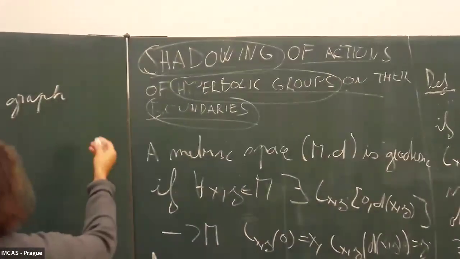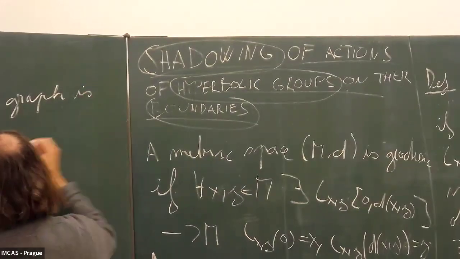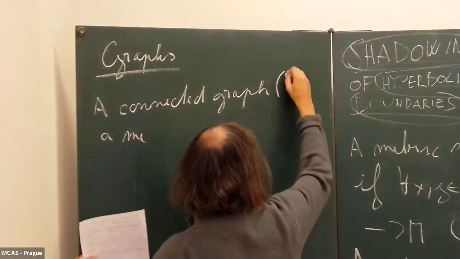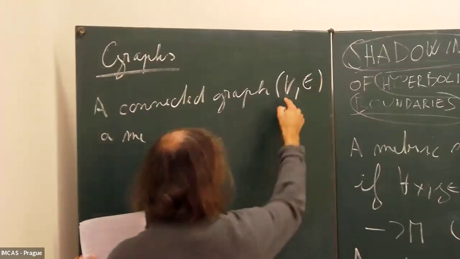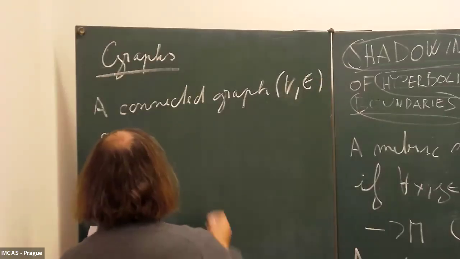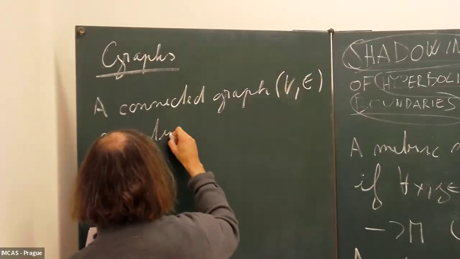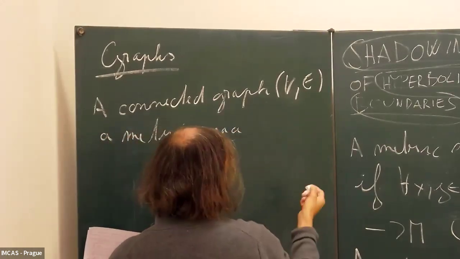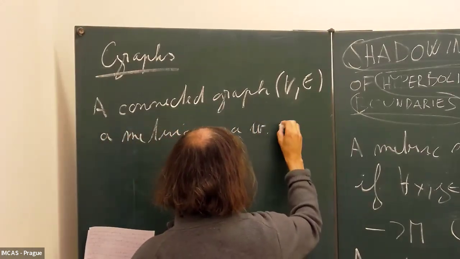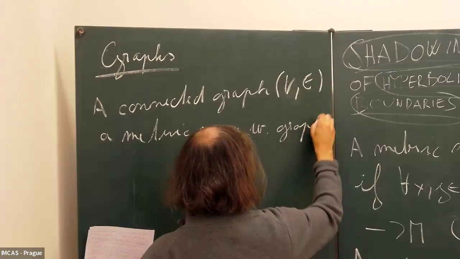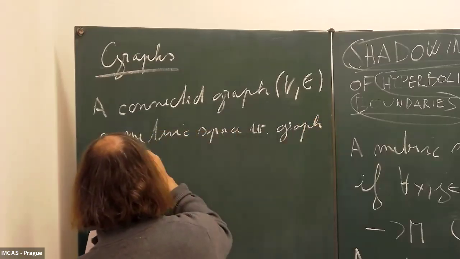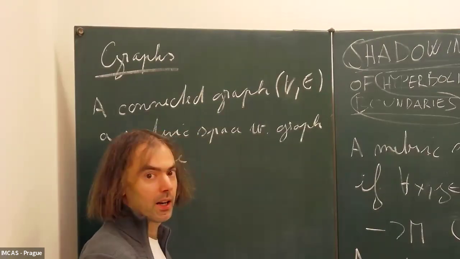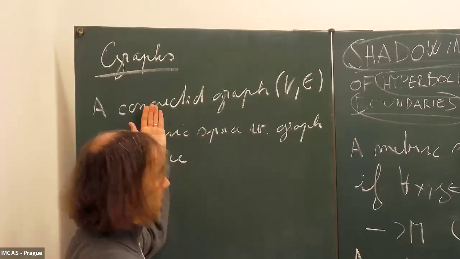So a connected graph is always a metric space. There are two ways how to build graphs as metric spaces.